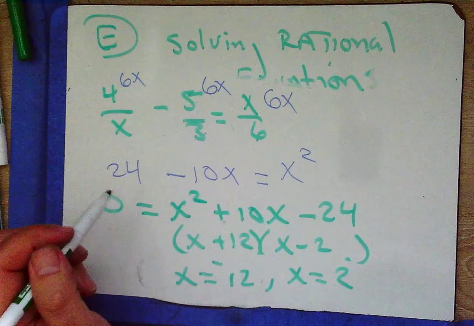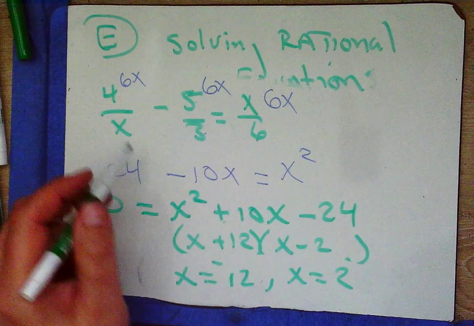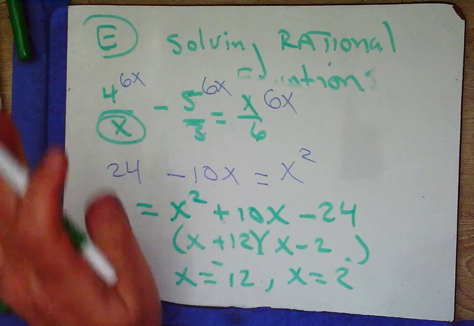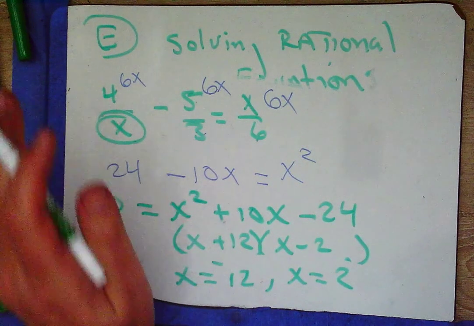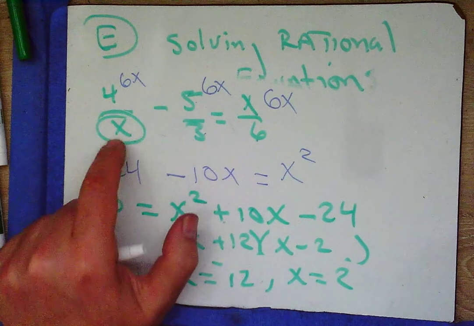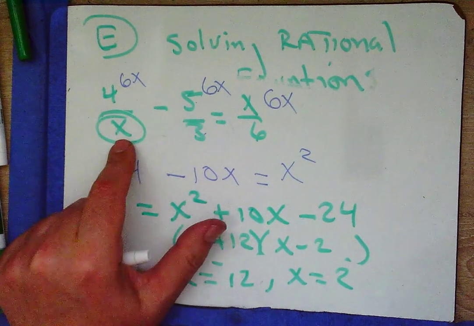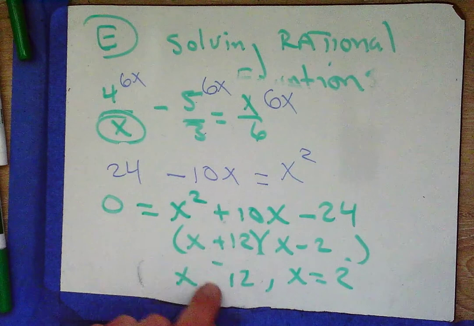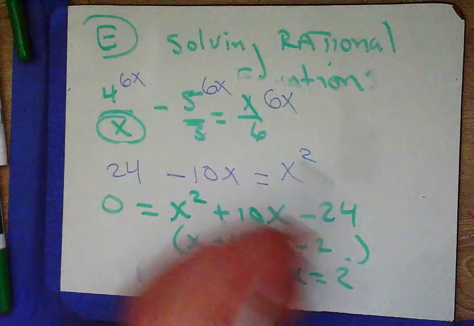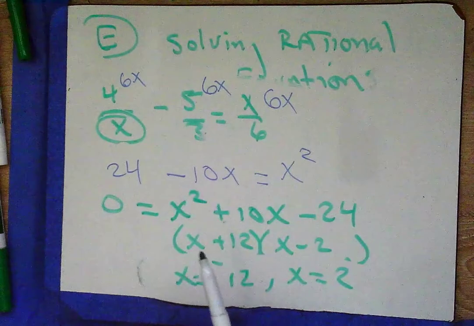So why is this a must check? It's a must check because I have x stuff in the denominator. And really, all I'm looking for with this must check is that one of my answers doesn't turn this into 0. You can plug negative 12 in and see that the stuff over here equals the stuff over here.